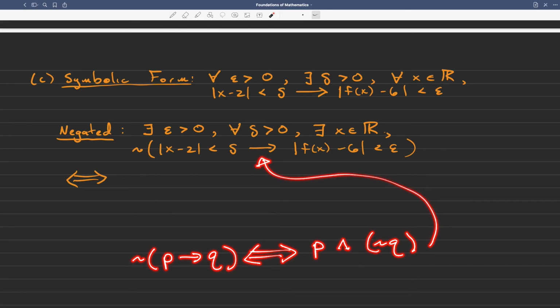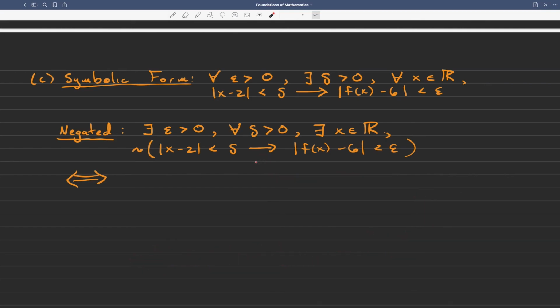So let's do that. So the negation becomes, okay, let me jot down all the quantification part. We're done with the quantification part. We just have to bring it along for the ride at this point. So now we're focused on negating the propositional function.